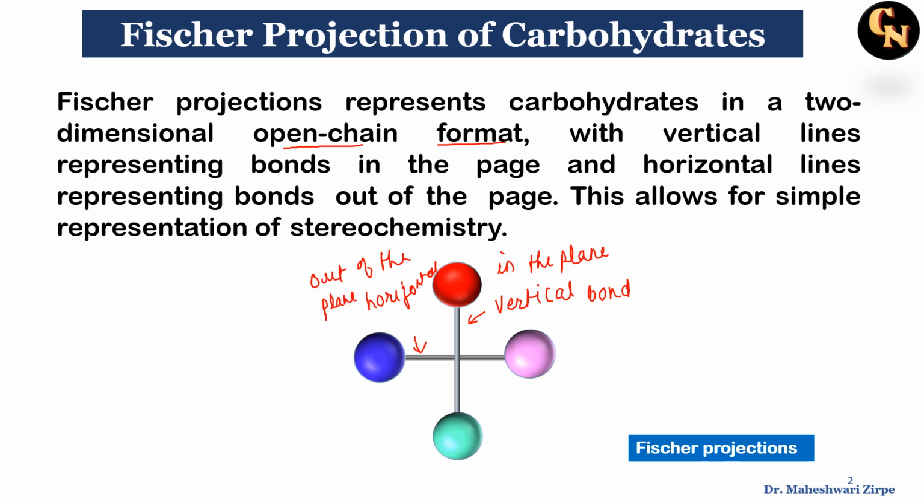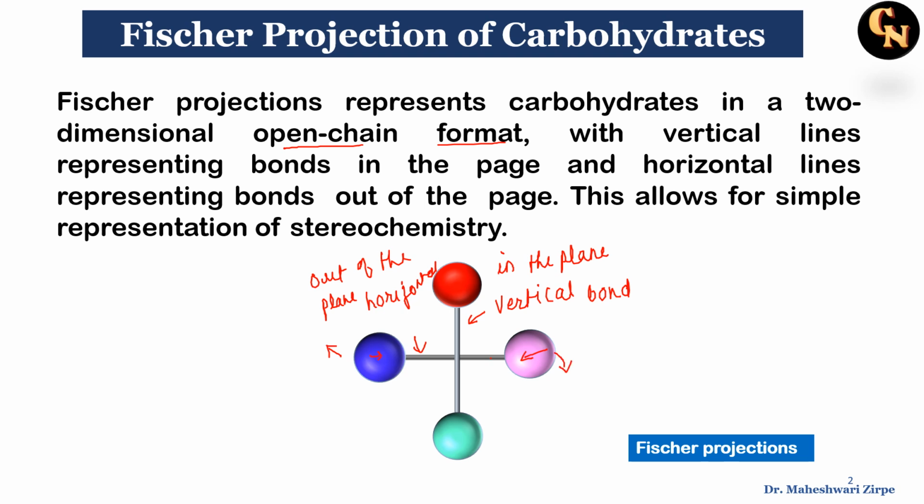So out of the plane means out of the page. The horizontal line along with the atoms, this one atom and this one atom, will be out of the plane. One will be above the plane and the other below it.